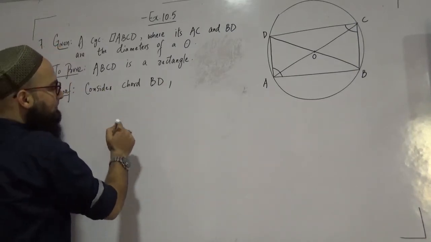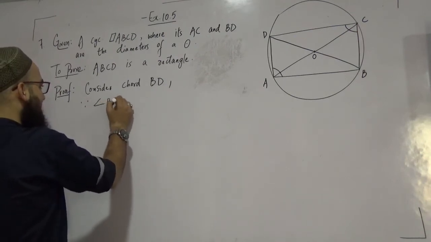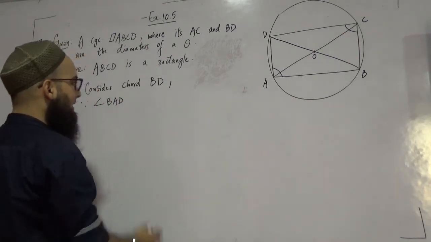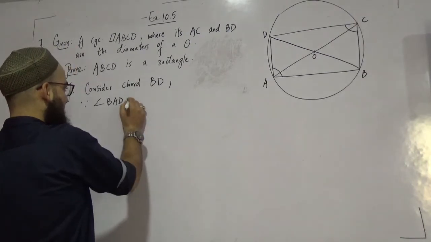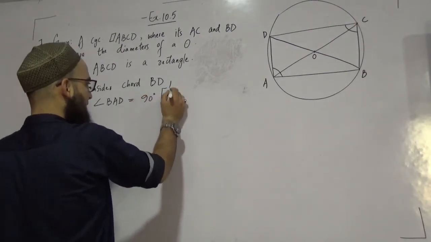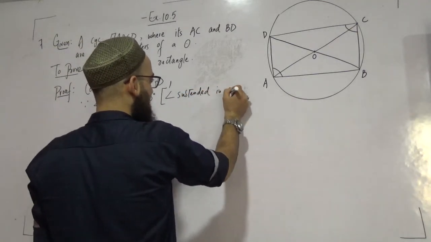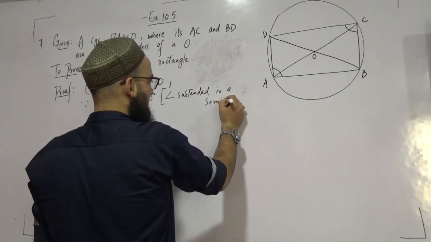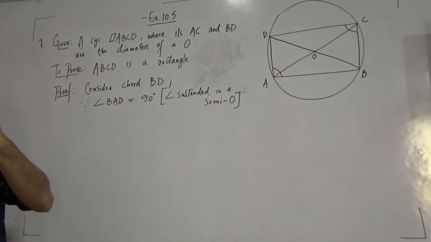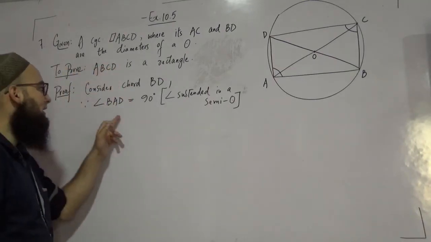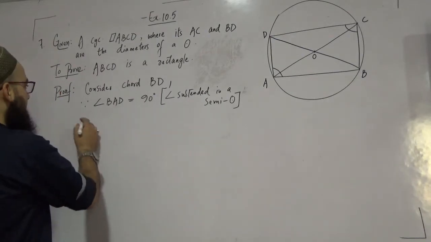Consider chord BD. Since angle BAD is equal to 90 degrees. Your reason: angle subtended in a semicircle, because a diameter divides the circle into two semicircles. So angle BAD is equal to 90 degrees.